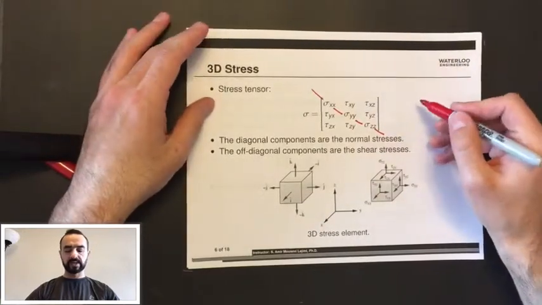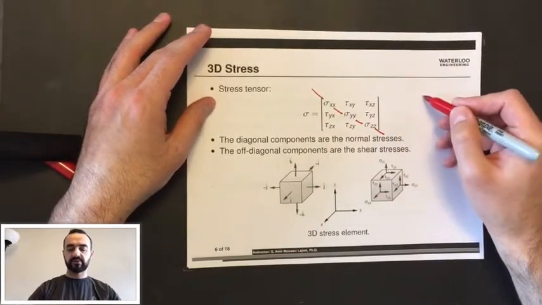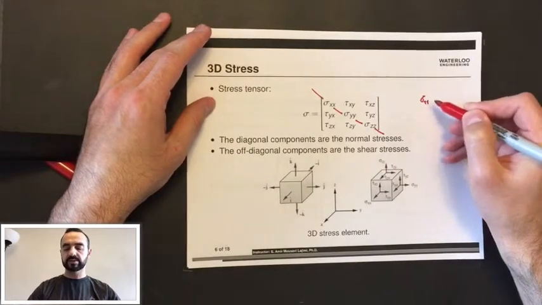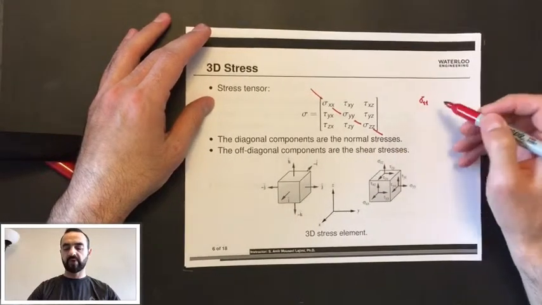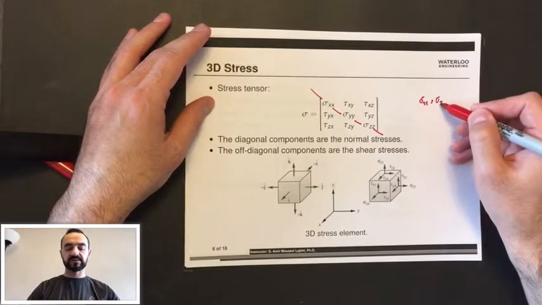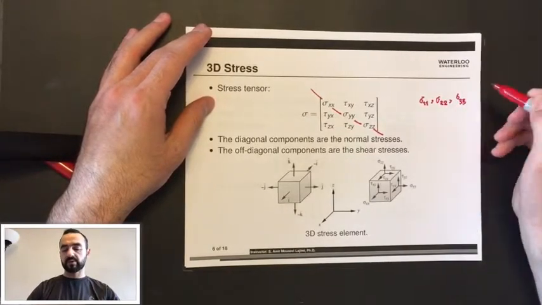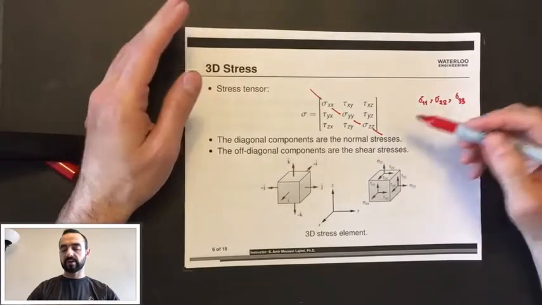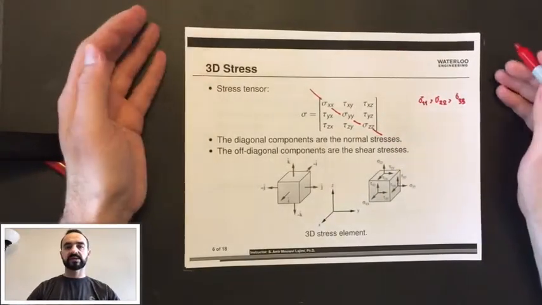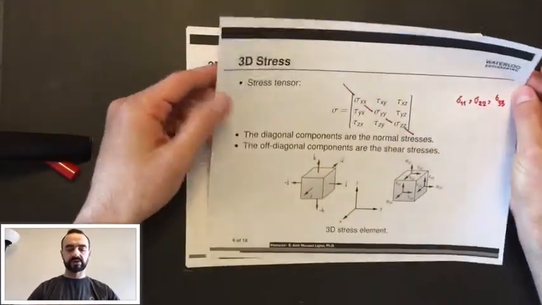Now note that you could use a different notation. For instance, you could use sigma 1 instead of sigma xx. You could use sigma 2 or sigma 3 instead of sigma zz. It's just a convention.